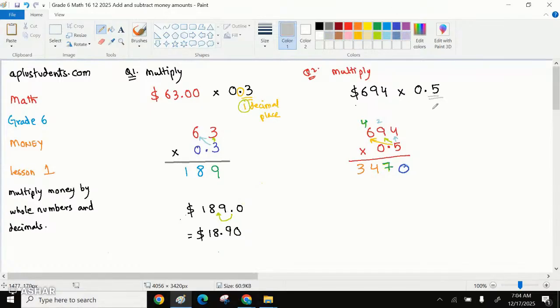This had one decimal place, a single decimal place. That means in this case, we move one decimal to the left side. The decimal is moved one place to the left side.